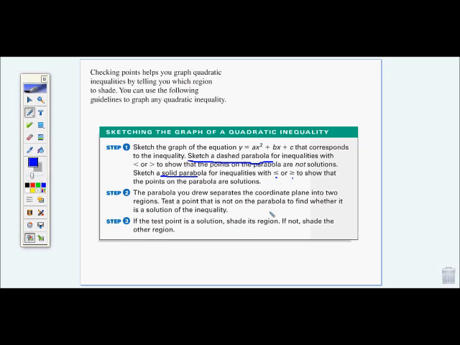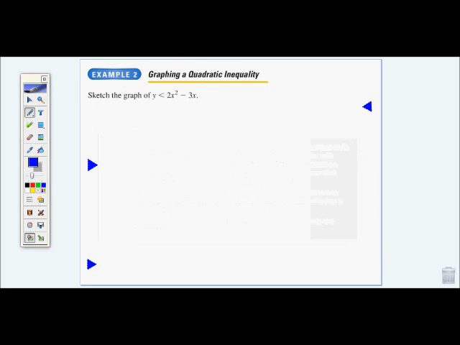The parabola that you drew separates the coordinate plane into two regions again, and we need to just test a point that is not on the parabola to find whether it is a solution of the inequality. If it is a solution, we'll shade its region. If not, we'll shade the other. Very similar. So let's go ahead and get started.